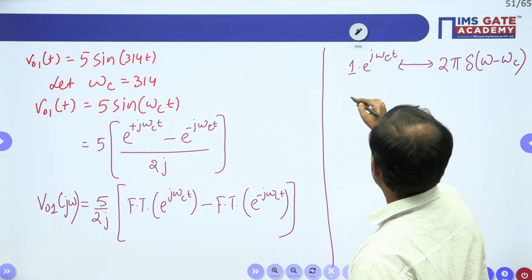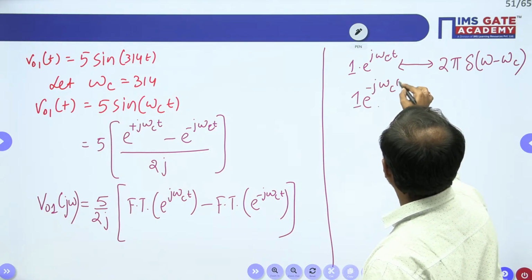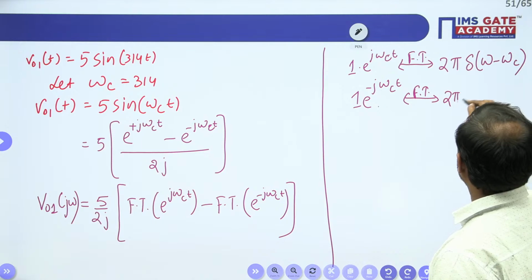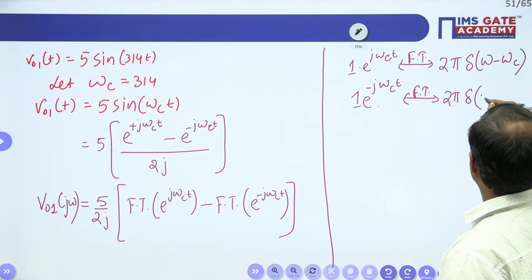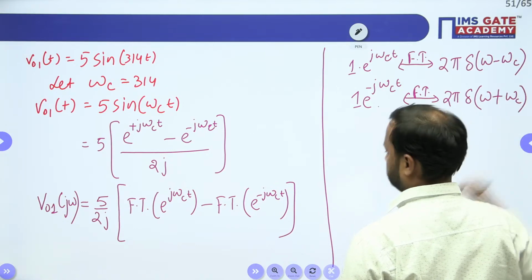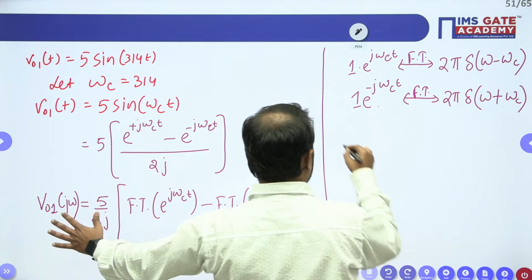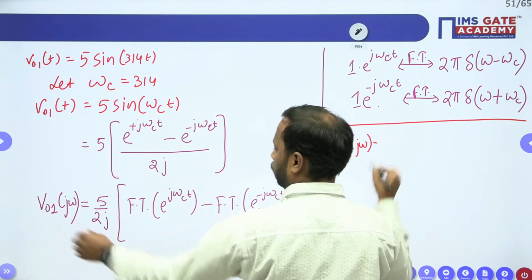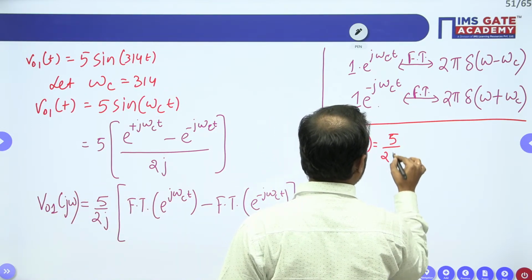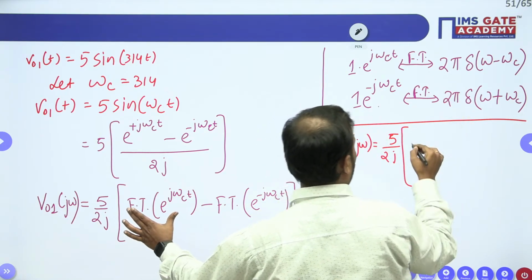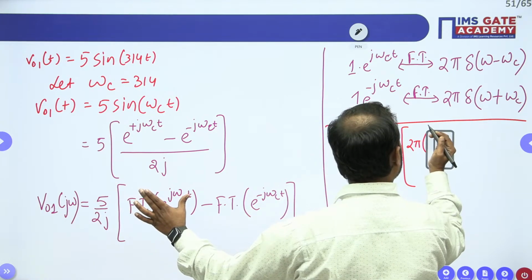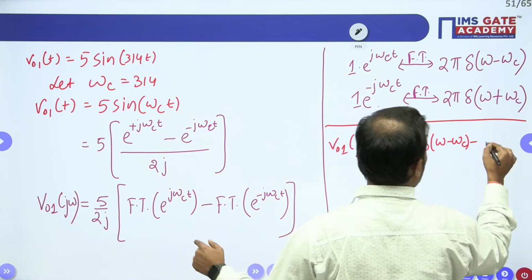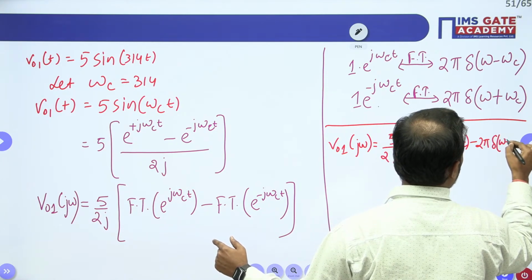All right, am I clear? If you take minus j omega c t, the Fourier transform for this will be 2 pi del of omega plus omega c. So this V01 j omega will be equal to 5 upon 2j times 2 pi del of omega minus omega c, minus 2 pi del of omega plus omega c.